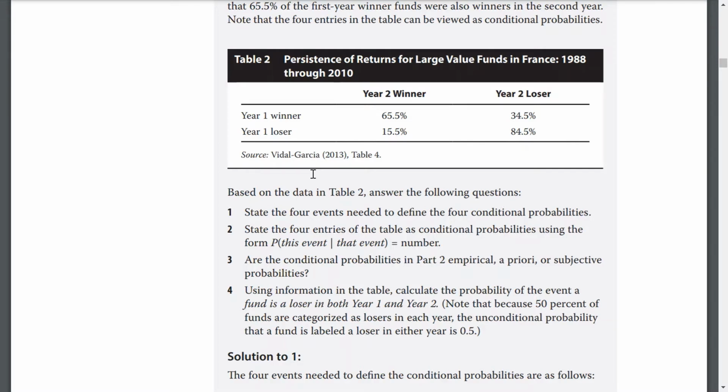Are the conditional probabilities in Part 2 empirical, a priori, or subjective probabilities? 4. Using information in the table, calculate the probability of the event that a fund is a loser in both year 1 and year 2. Note that because 50% of funds are categorized as losers in each year, the unconditional probability that a fund is labeled a loser in either year is 0.5.